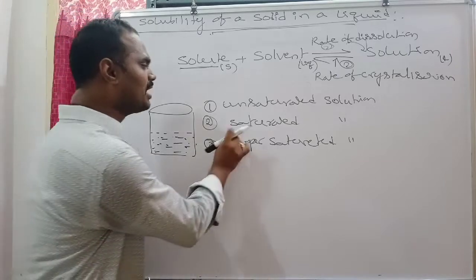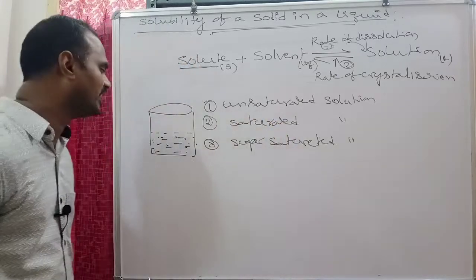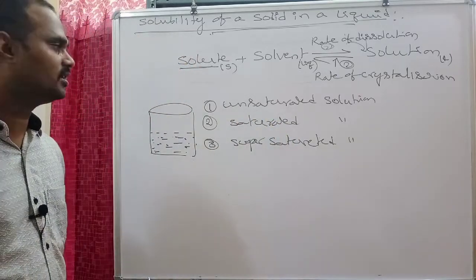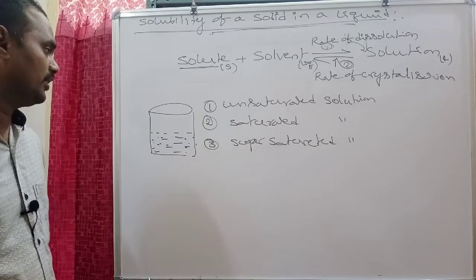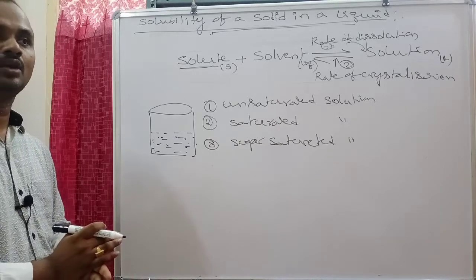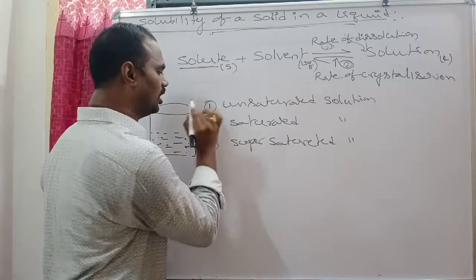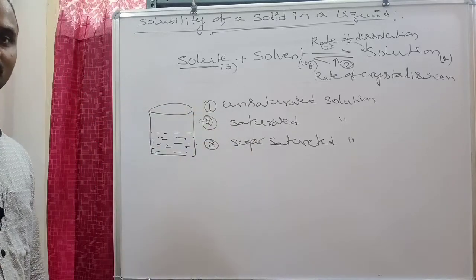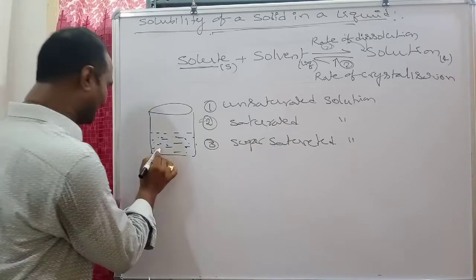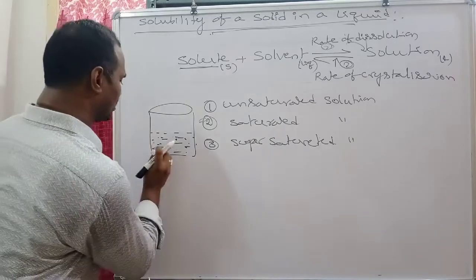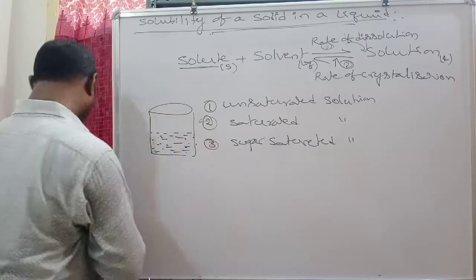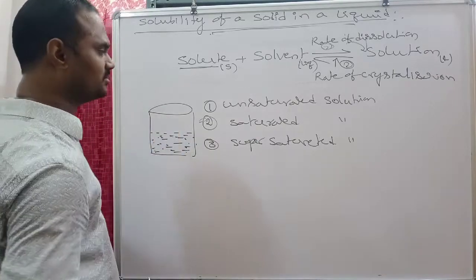If the maximum amount of solute has dissolved in a particular quantity of solvent, and the solution allows no further dissolution of solute, such a solution we call a saturated solution. Suppose 10 grams of solute is dissolved in 100 ml of solution.